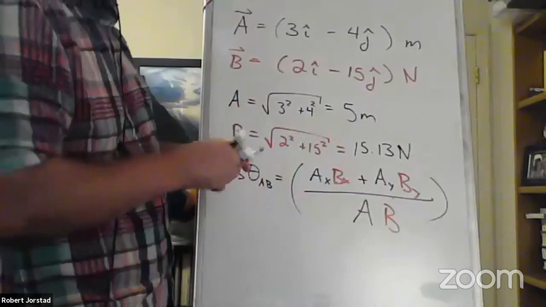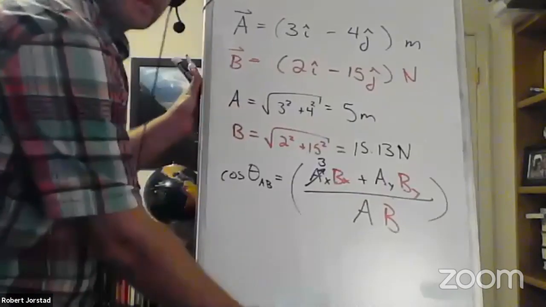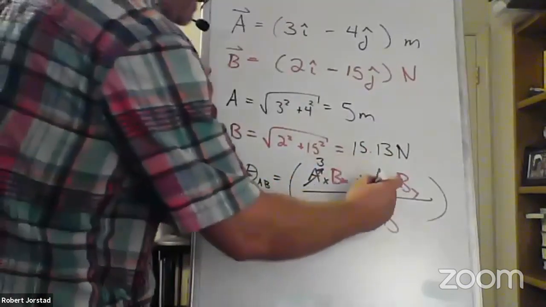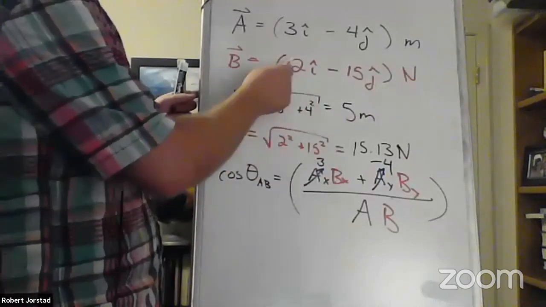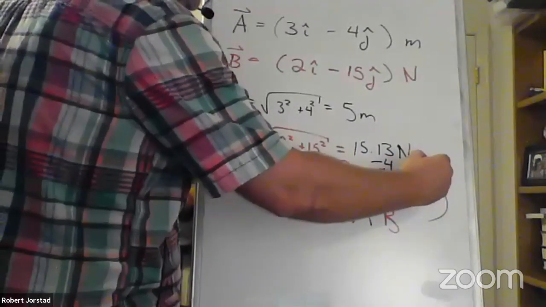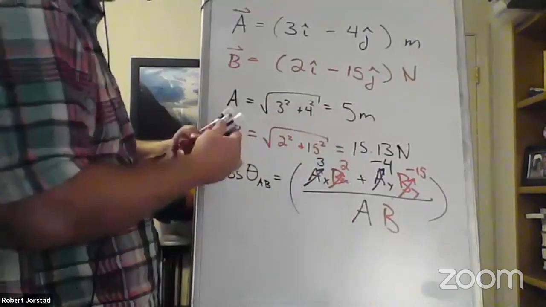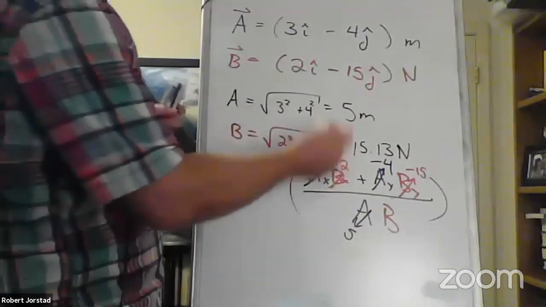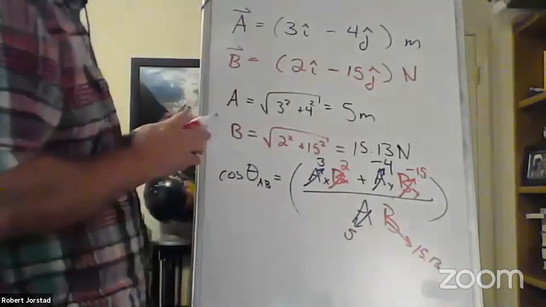And don't forget, AX is 3, AY is -4, BX is 2, BY is -15. The magnitude of A is 5, whereas this one was 15.13.